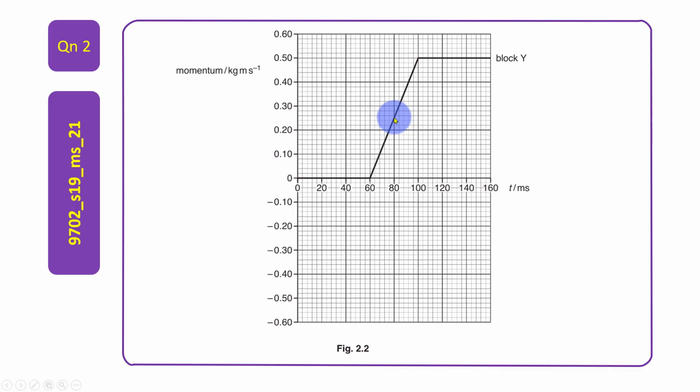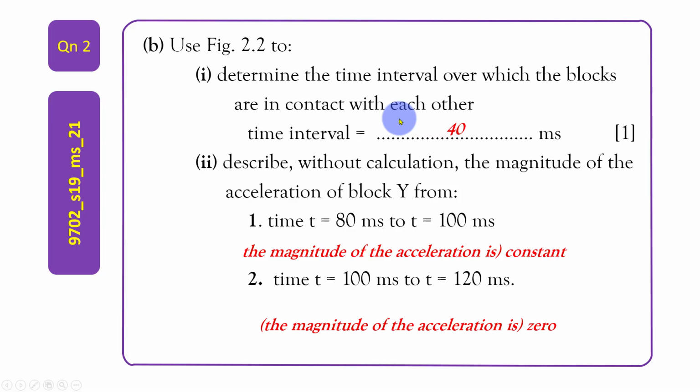You can see that it is a straight line, and you can see that the momentum of Y is increasing uniformly. This means that the acceleration must be uniform. So the magnitude of the acceleration is constant.